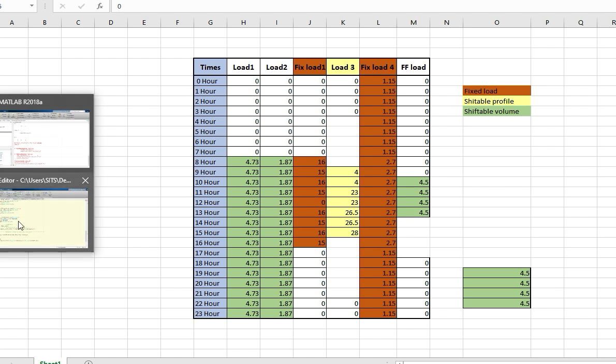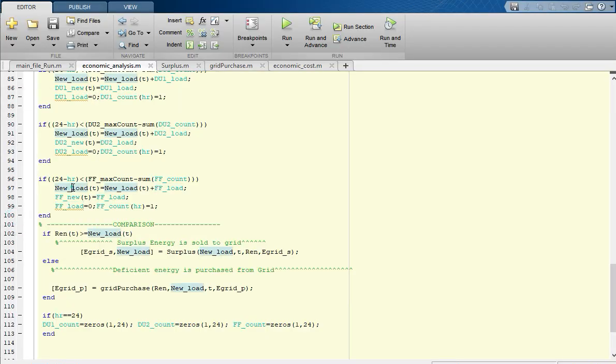So if it is yes, then your load for this specific hour will be increased by this FF load. So this FF load should be operated, and FF new means at this specific hour this FF load is operated, means rescheduled. So this FF new is actually the rescheduled FF.